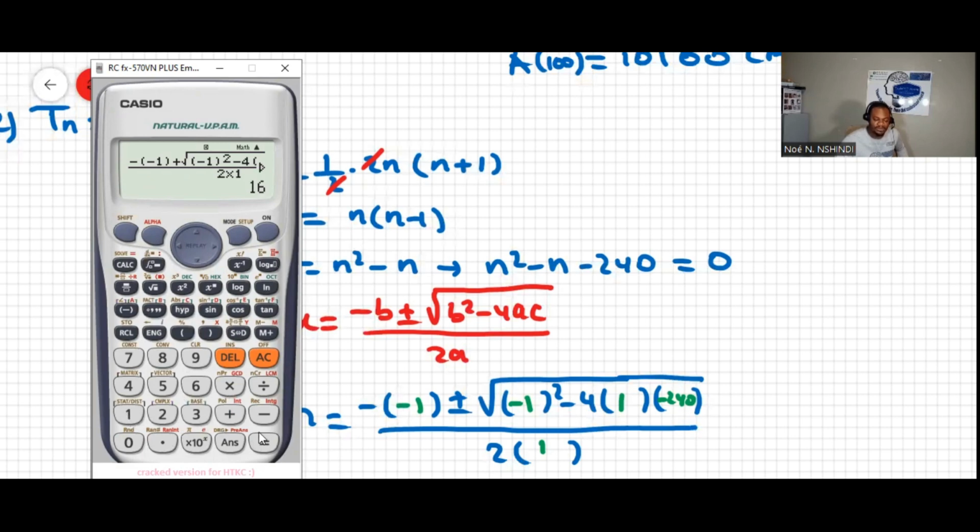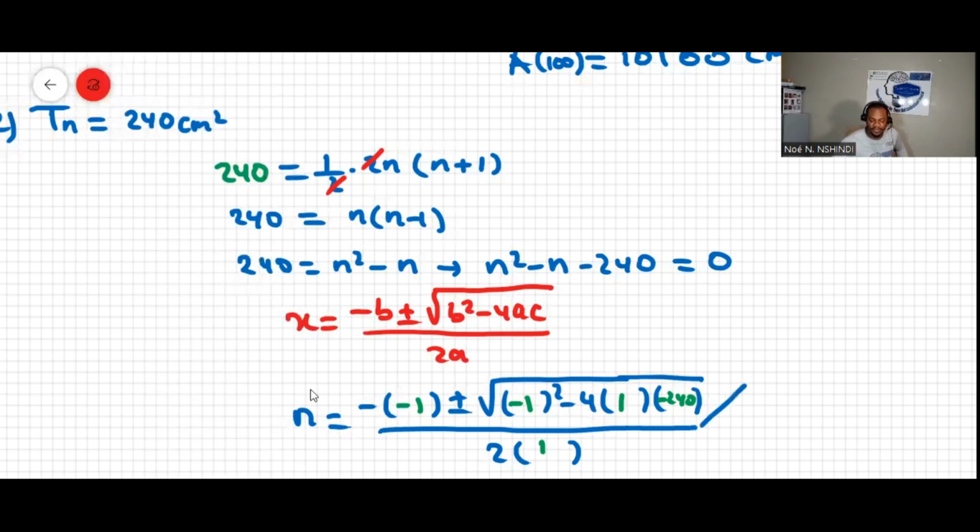And then when we hit equal, if I use the positive, we have n equal to 16.